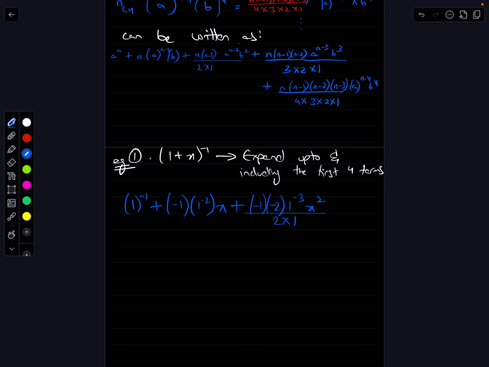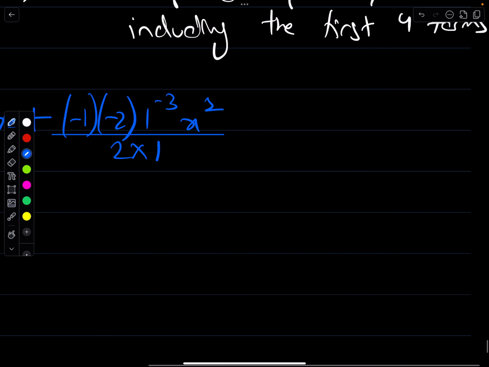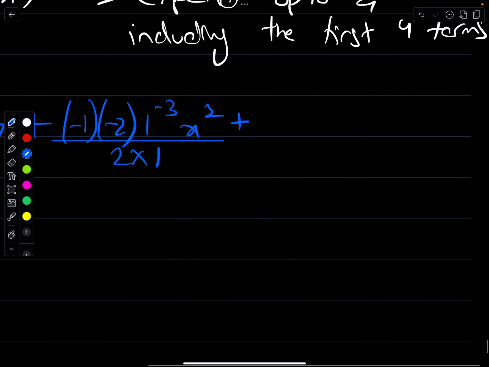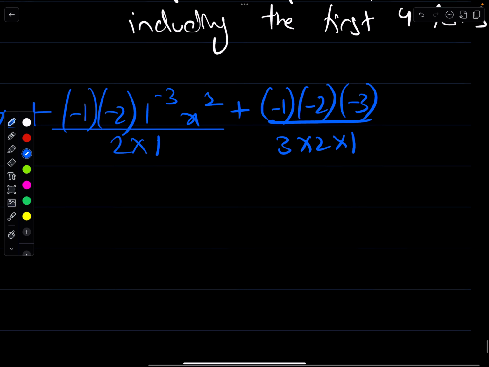And then for the fourth term, that is NC3, just a second. It would be something like, yeah, plus minus 1, minus 2, minus 3, and 3, 2, 1, since it's NC3.